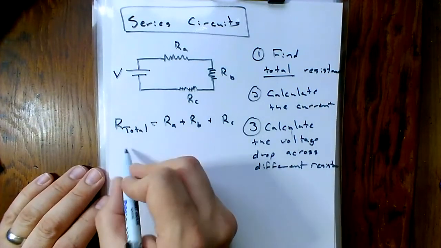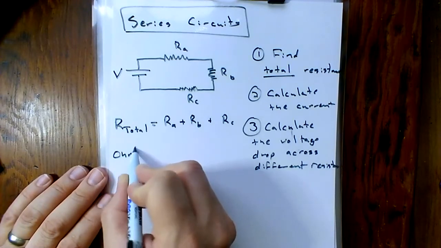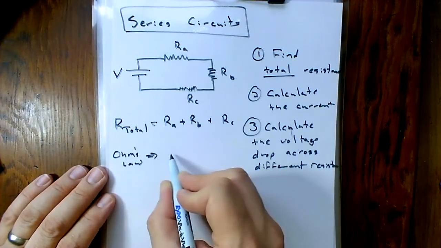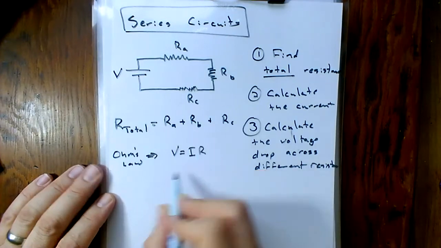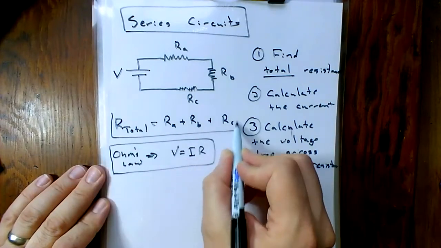And we still need to use our Ohm's law, which is that voltage is equal to our current times resistance. So these are the two different formulas we're going to end up using.